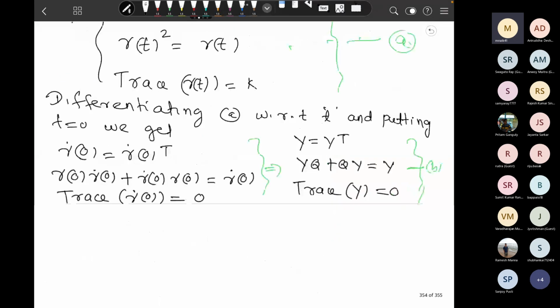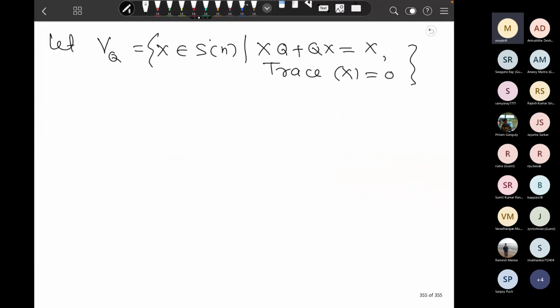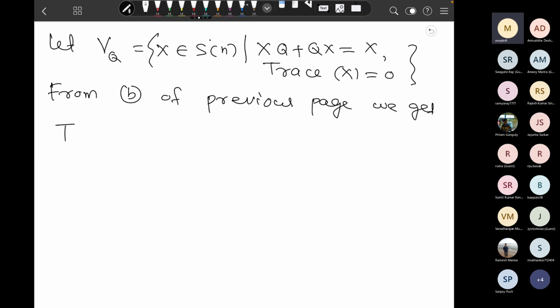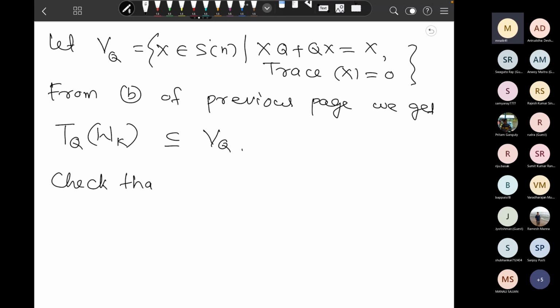We have proved that T_Q W_K is inside B_Q. From B, we get this: T_Q W_K is a subset of B_Q. Check that this B_Q is a real vector space. It is easy to check.